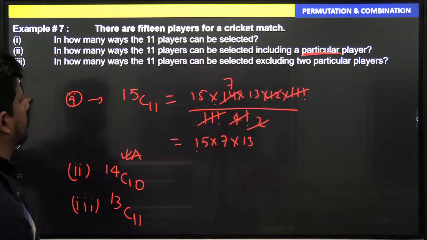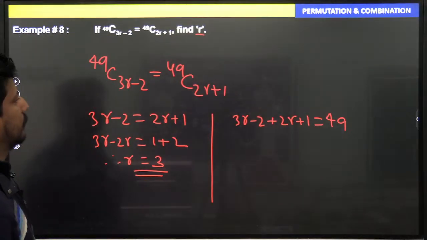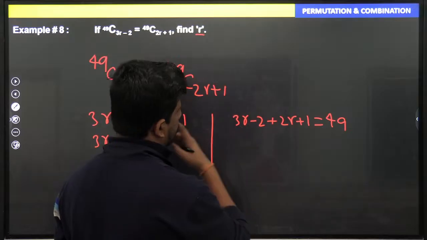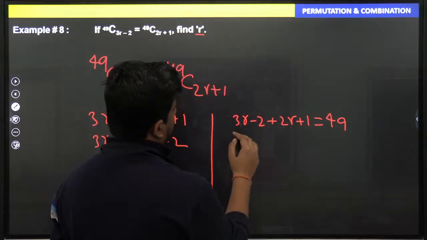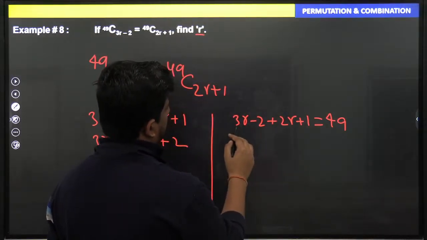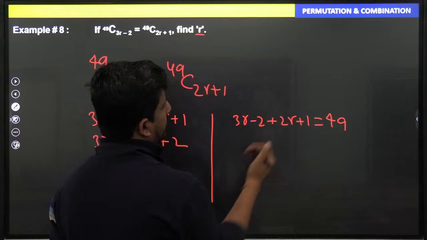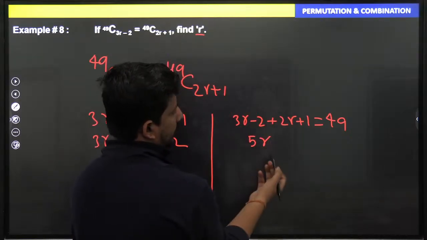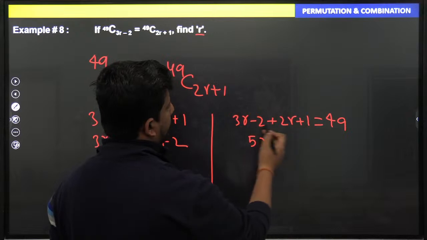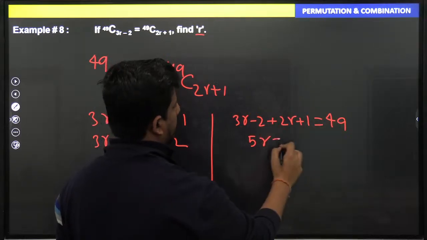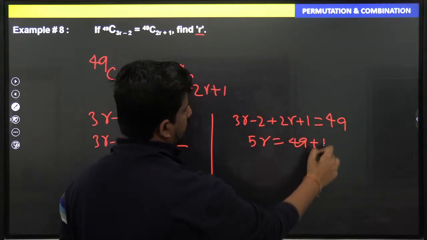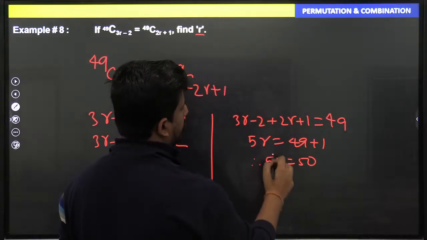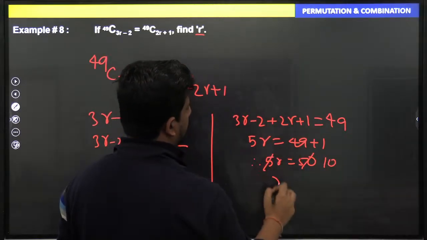So how much is this? 3r plus 2r gives you 5r, yes or no? And 2 minus 1 goes to this side, so 49 plus 1. Therefore 5r equals 50 and r equals 10.